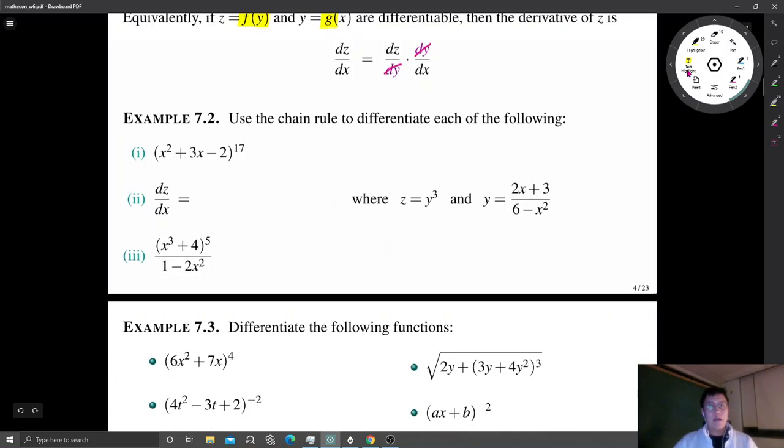Right, so now let me show you several examples as an application of the chain rule. So how to take the derivative of this type of function.